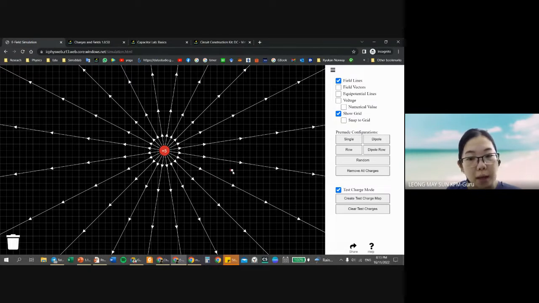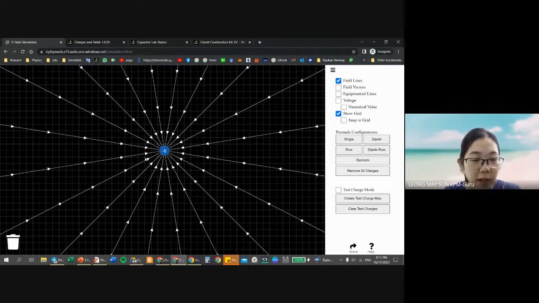So when a test charge is placed in the electric field, it will experience a force. That force will either be pulling it or pushing it away. Let's just say, for example, this is positively charged. Now I'm going to change it to negatively charged. Just now, when it's positive 5, I put a test charge here.